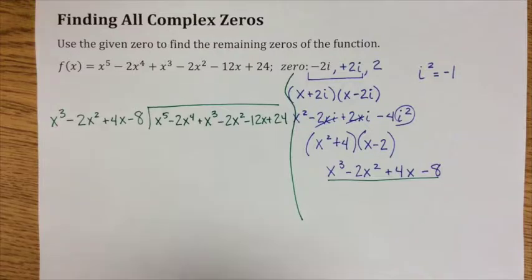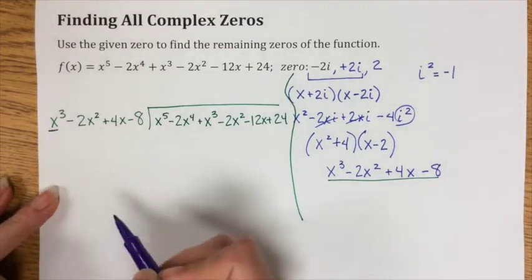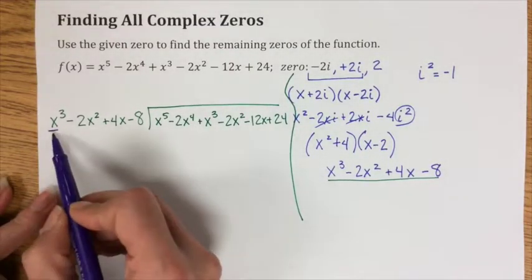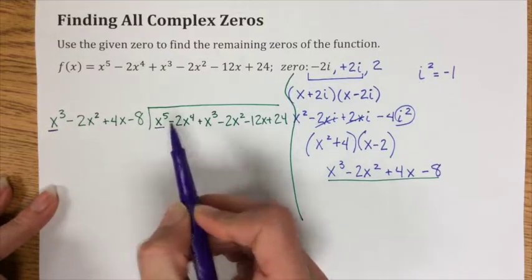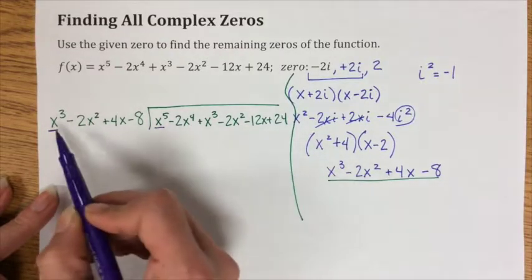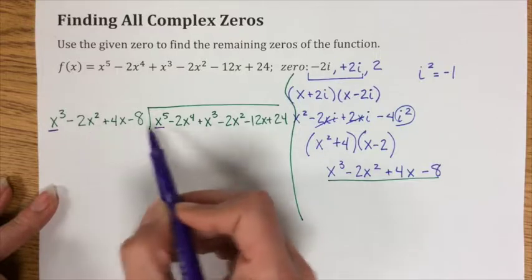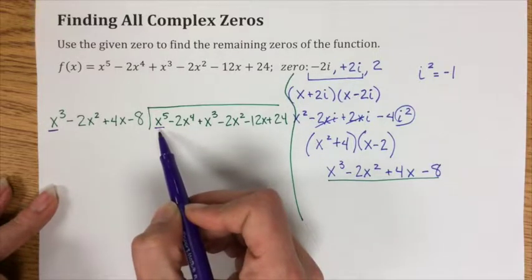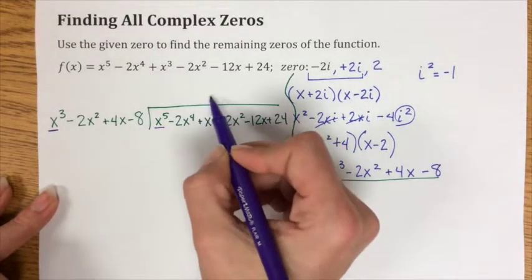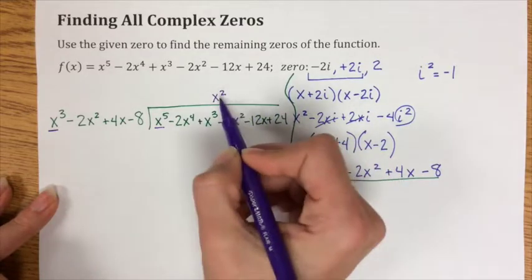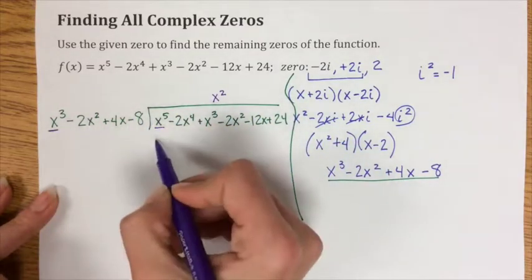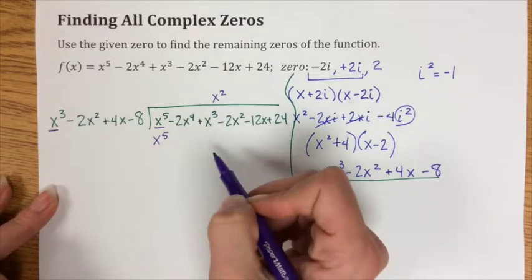We want to look at the first term on the outside and ask ourselves, what do we multiply that by to get the first term on the inside? So x cubed times x squared will give me x to the 5th. X squared times x cubed is x to the 5th.